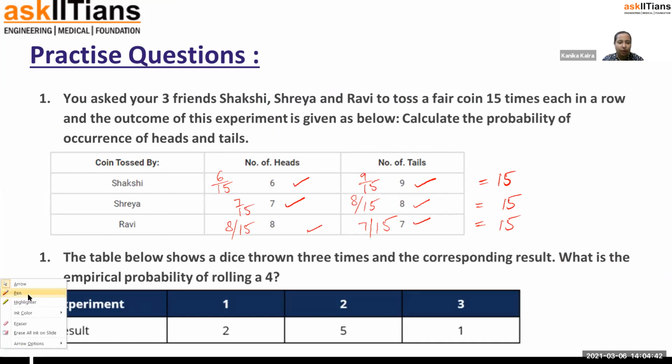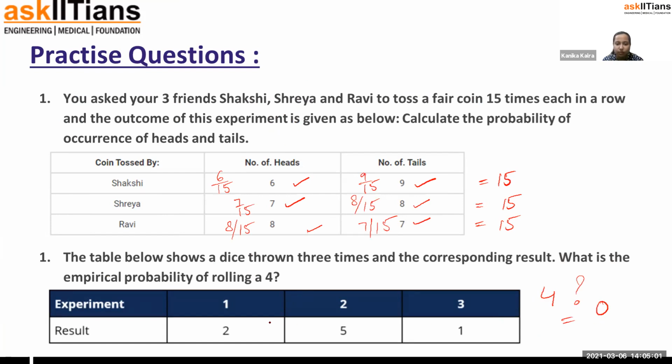Next question. For the empirical probability, the table shows a dice thrown 3 times and the corresponding result. What is the empirical probability of rolling a 4? There is no 4, which means the probability of getting a 4 would be 0 out of the total.